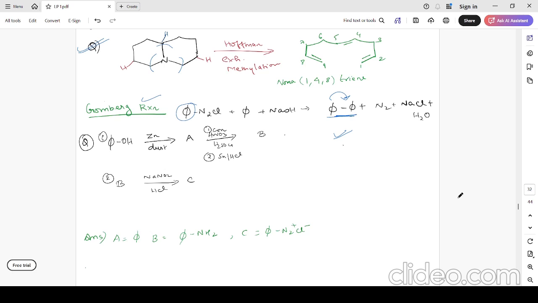Ullmann reaction. I have chlorobenzene, two chlorobenzenes in the presence of copper catalyst, remove the chlorines to form diphenyl. Ullmann reaction is also helpful in forming diphenyl.